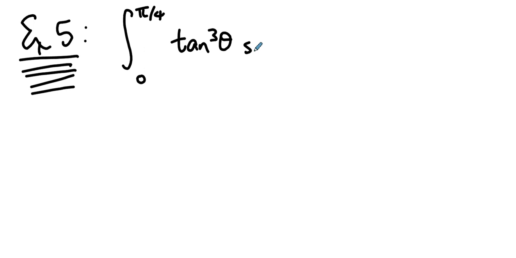And this will be the integral from 0 to pi over 4 of tangent cubed theta secant squared theta d theta. How the heck do you... wait a minute, wait a minute.